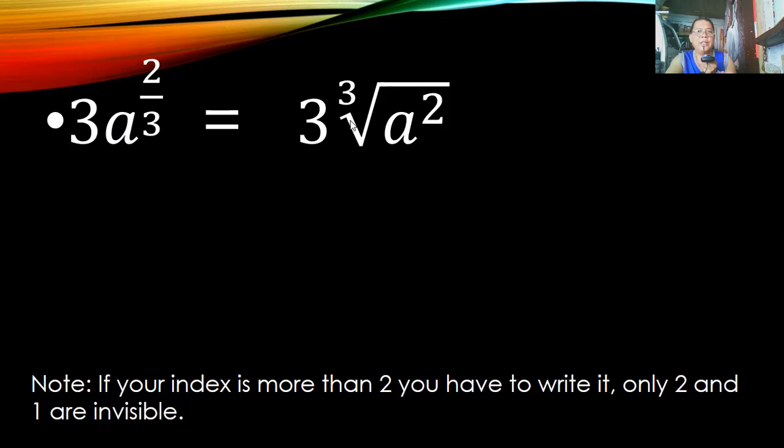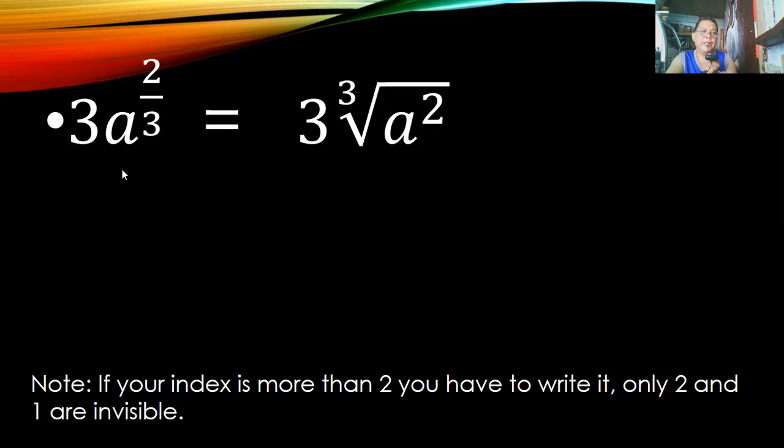So only a is our base for the radical sign. The radicand is a. Your 2 remains the exponent. And your denominator 3 becomes the index. And then 3 is outside the radical sign because only a is being raised by 2/3.